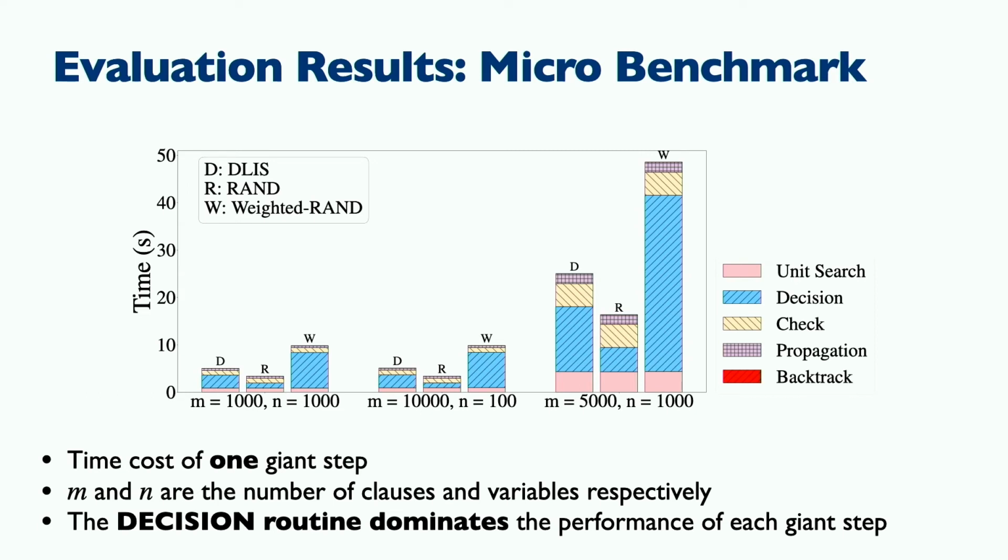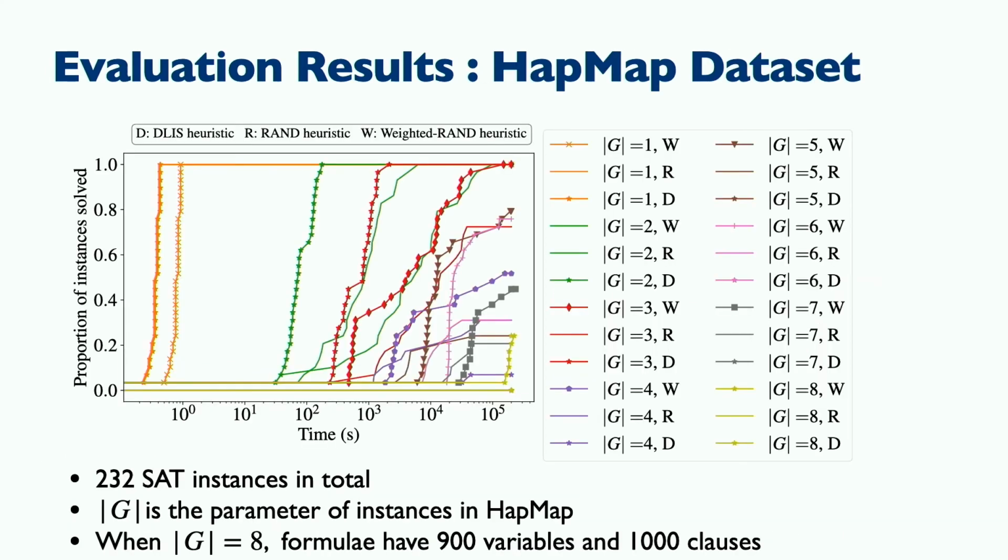As you can see, the time cost of backtrack is almost negligible compared with the time cost of other operations. Moreover, the decision, where we make a guess about an undecided variable's value, dominates the performance of each giant step.